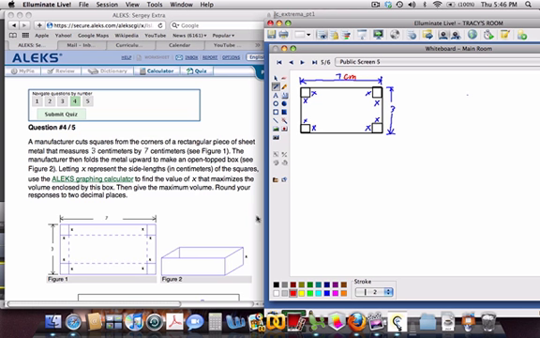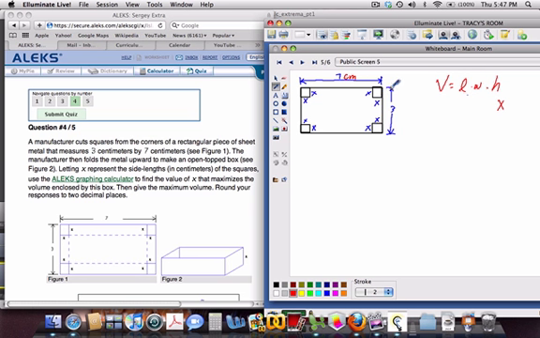So what we need to do is we know that this, again, volume is length times width times height. Okay, and so here in this one we can say, hey, the height is x, so we're going to replace height with x. Now we need to come up with expressions for length and width that have x in them.